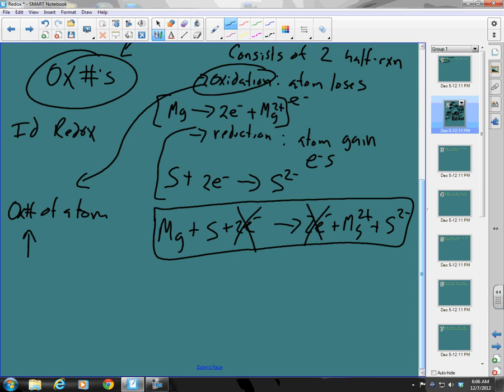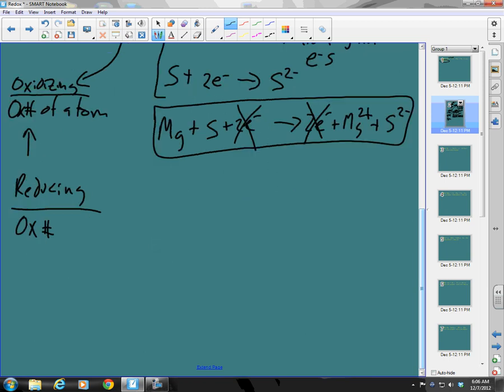So if the oxidation number increases for an atom, then that species is oxidizing. The reverse of that is reducing. If the oxidation number of my atom decreases, then that is reducing.